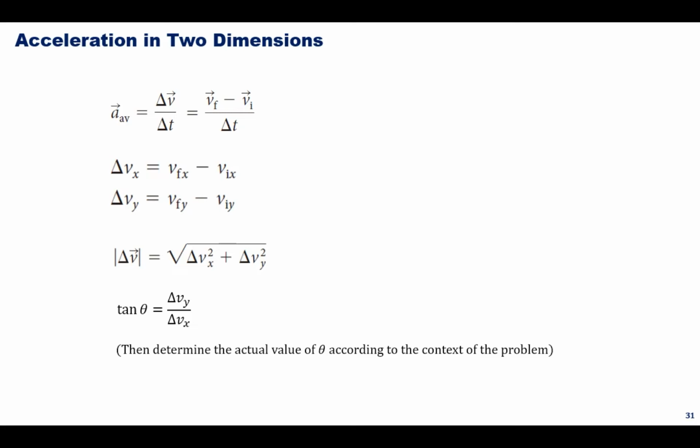From these, we can then calculate the magnitude and direction of the net velocity using either the Pythagorean theorem or the definition of trigonometric ratios, together with the inverse tangent equation.